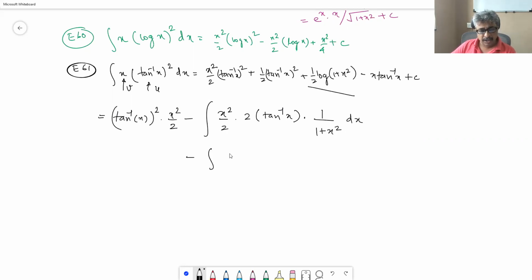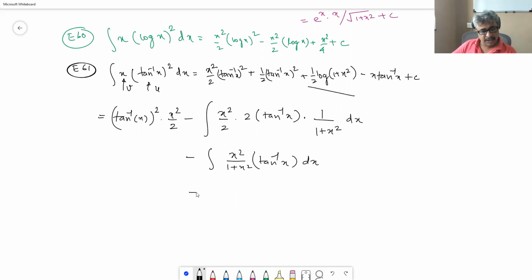Right? So this 2 gets cancelled, and therefore the second term is integral x square upon 1 plus x square tan inverse x. Now again LIATE, so it is inverse trigonometric function, so I am supposed to consider this as first and the integral of this as second.